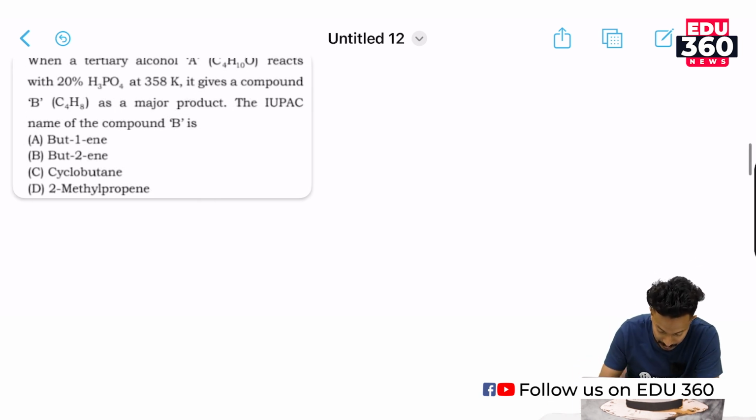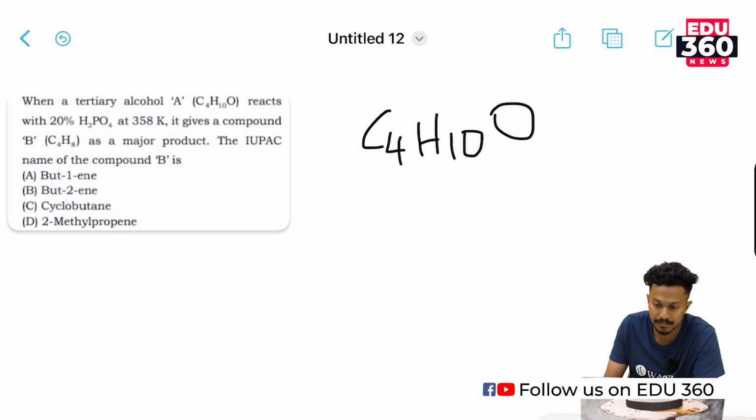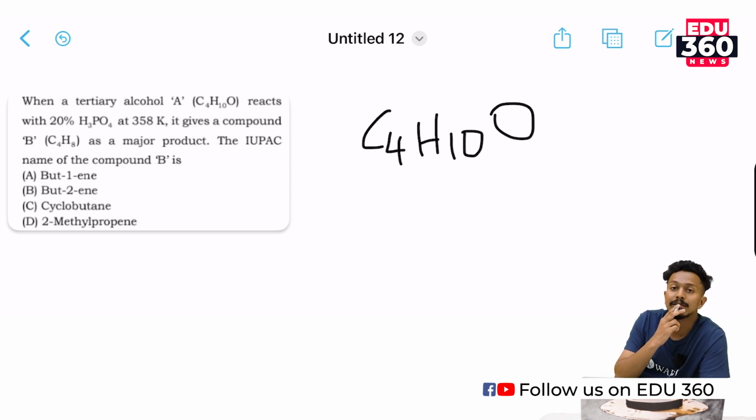Well, the compound C4H10O reacts with 20% orthophosphoric acid.